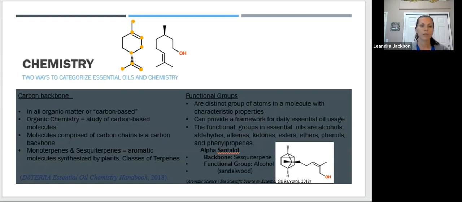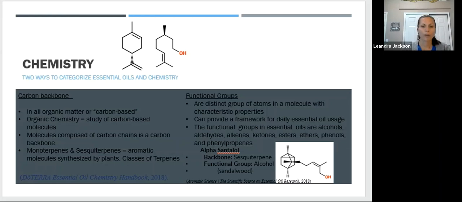So you have 1, 2, 3, and then 4, 5, 6, 7, 8, 9, and 10 up here, and each attachment is attached by a carbon. Here you have the same thing. It's all a 10-carbon backbone, but we have this little branch coming off. This is an alcohol functional group with oxygen and hydrogen.